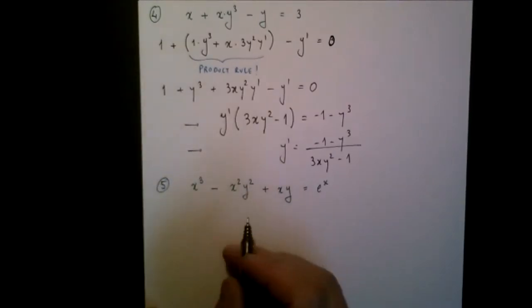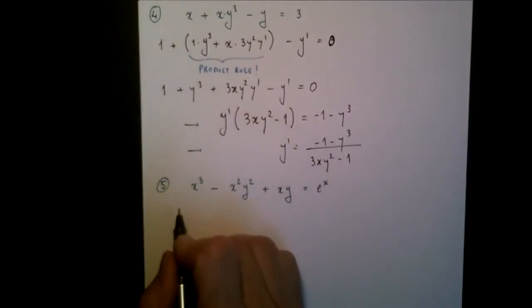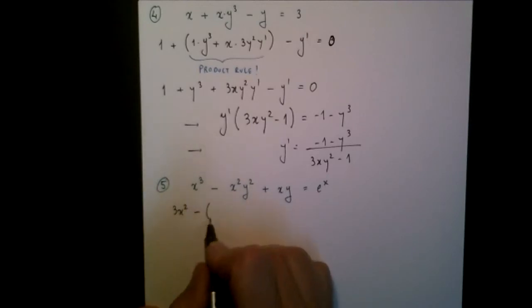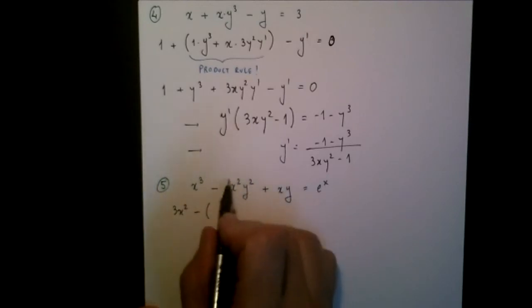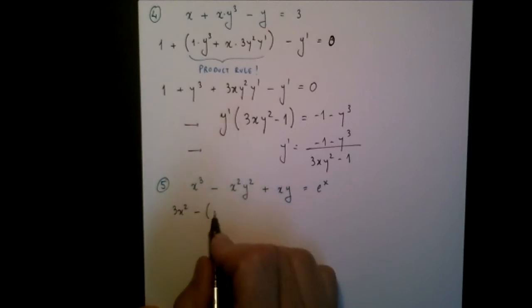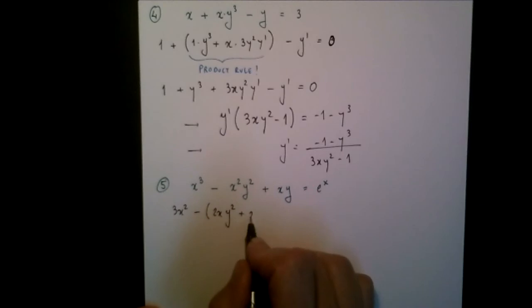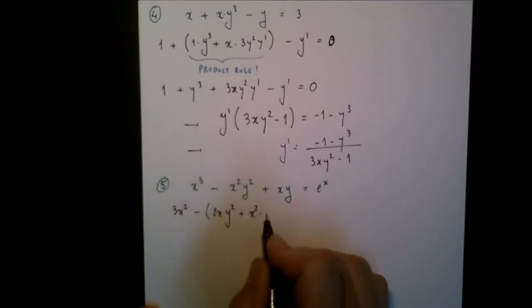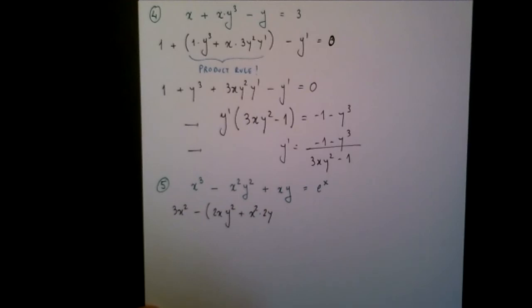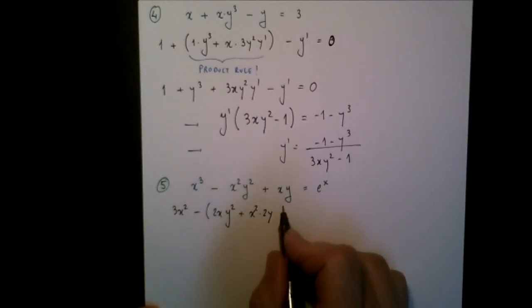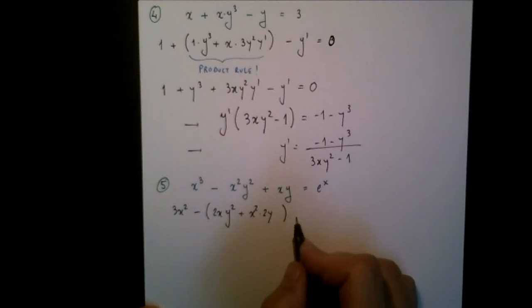Let's go. The derivative of the left side will be 3x squared minus, and here I have a product rule. Careful. So it's 2x y squared plus x squared times what? 2y. Is that okay? No, multiply by y prime.